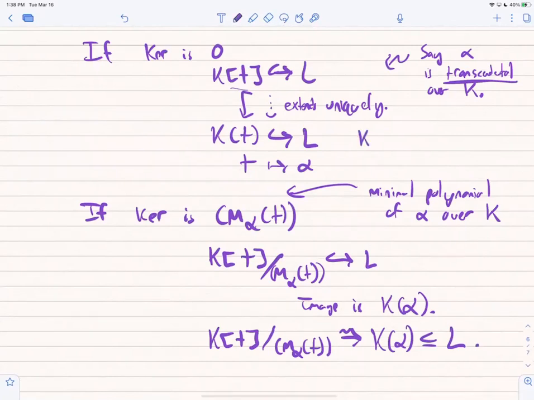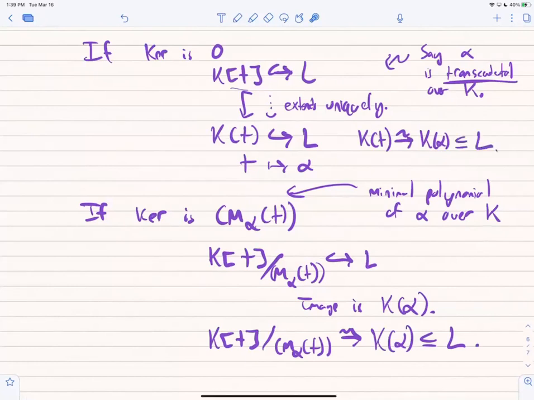So I should have set up here, I mean, I said it out loud, but I didn't say it right in words. Let me write it in the transcendental case too. And this map factors as an isomorphism between this fraction field. This notation is bad, but it's just what it is. This K(T) means the fraction field of K[T], so the field of rational functions in a single variable T. Here, K(alpha) means the smallest subfield of L containing K and alpha.